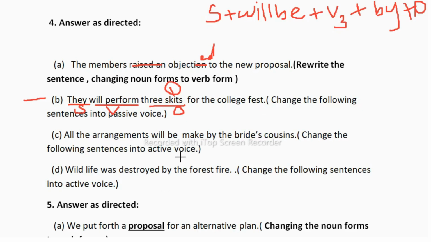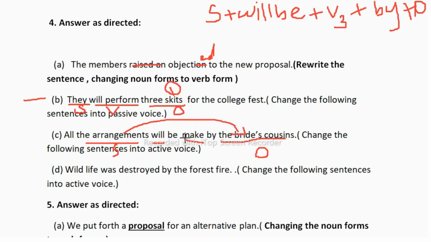Now the third one is, you have to change it into active voice. So here again the object is bride's cousins. We have to take first the bride's cousins will make all the arrangements. This is the subject, but we have to change it into this position.